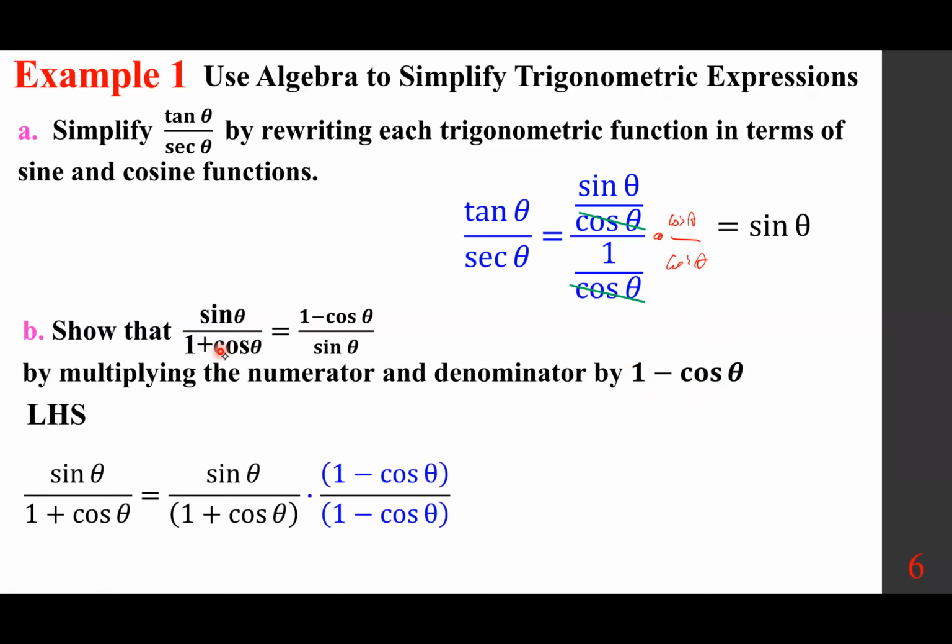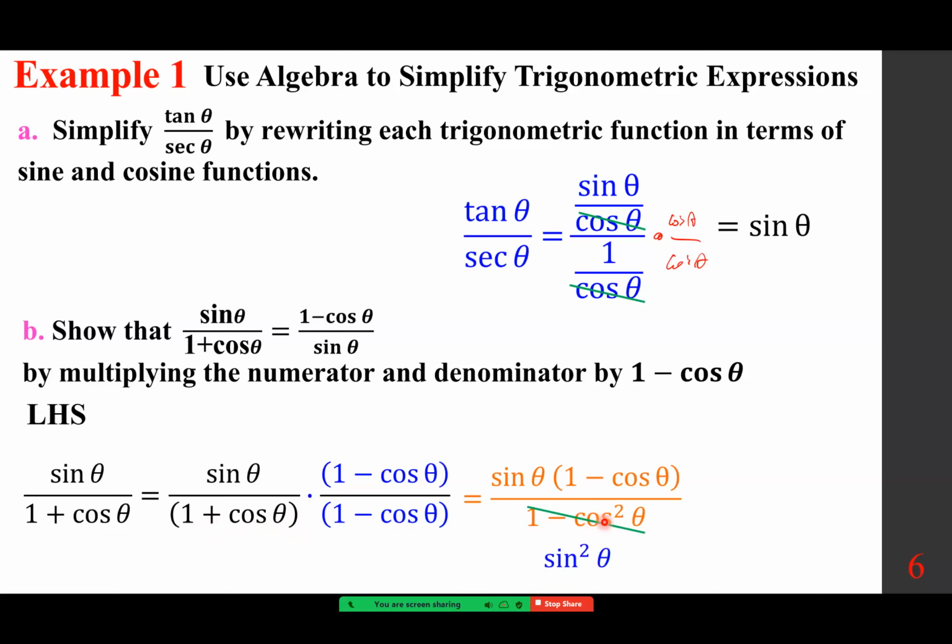Now, when we do the product, the numerator, we don't touch it. The bottom, as you can see, is 1 minus cosine squared theta, and 1 minus cosine squared theta can be changed to sine squared theta.